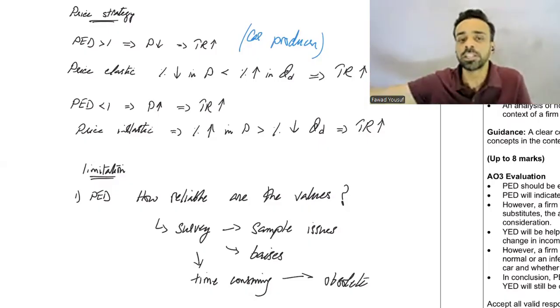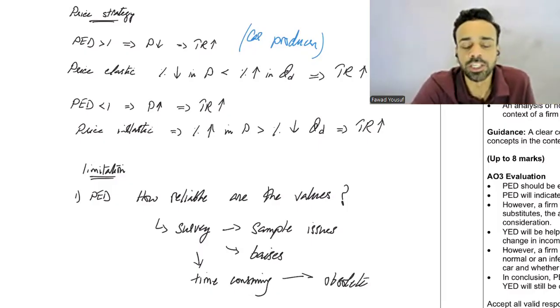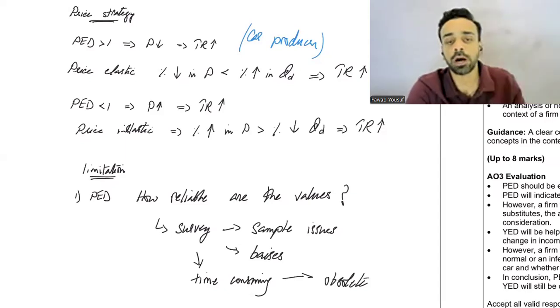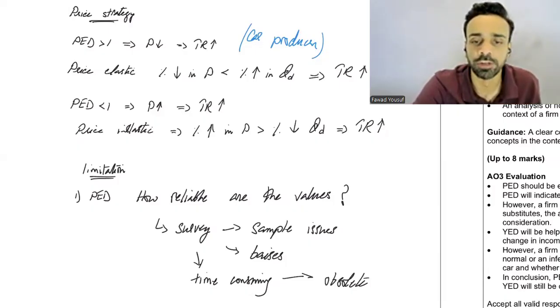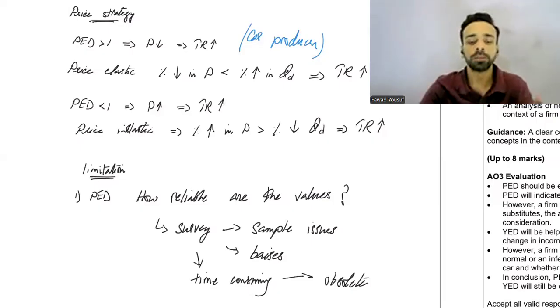So can I apply previous years' data this year and say that SUVs are elastic with a number of 2? Maybe it is 4 now. It's much more elastic because so much competition has come into the SUV and truck industry. So this is what the limitation is about.